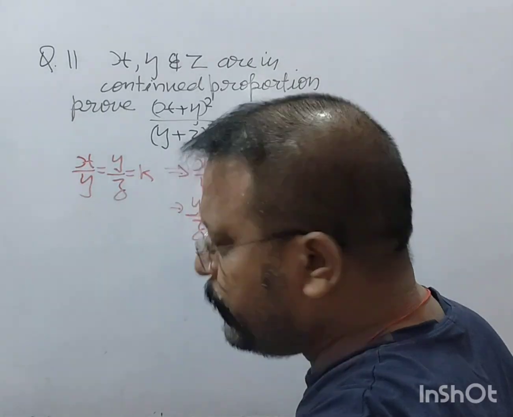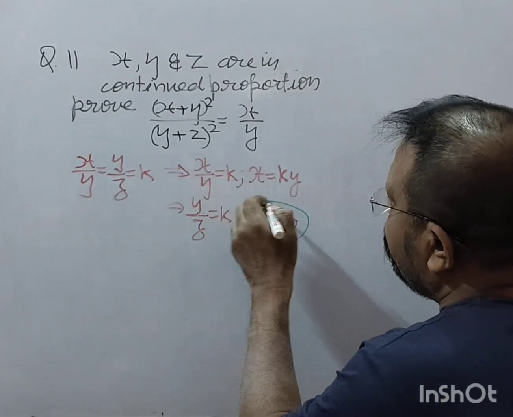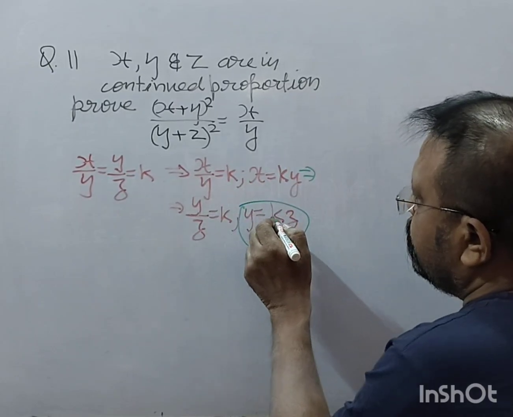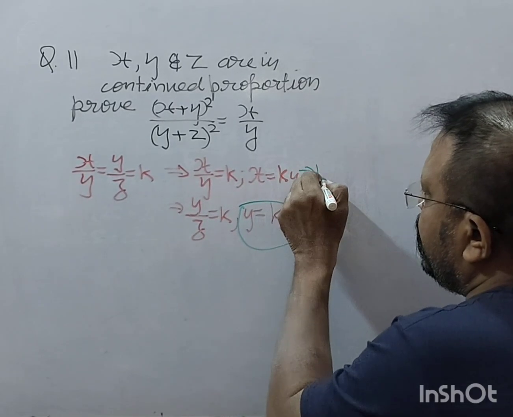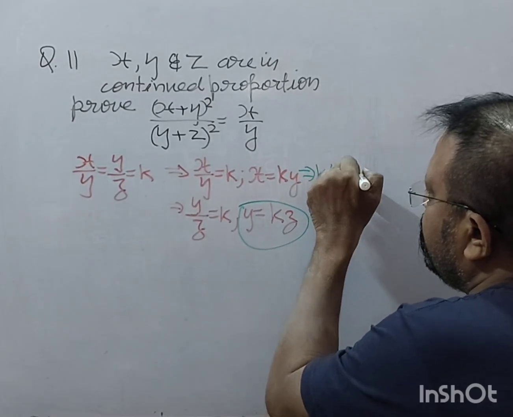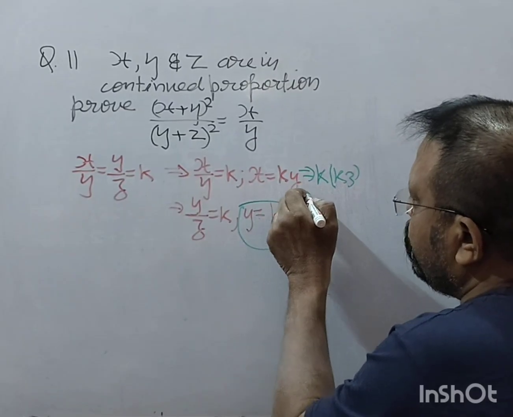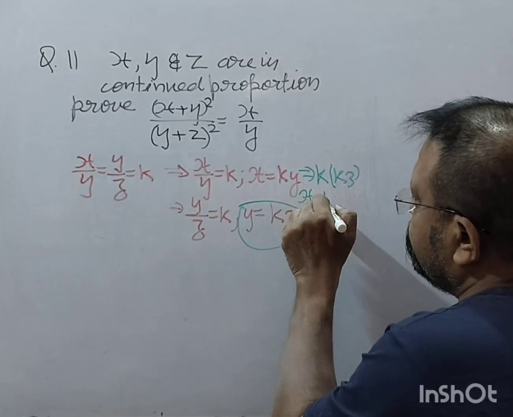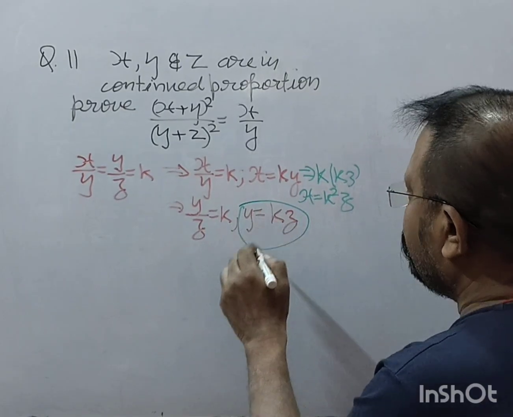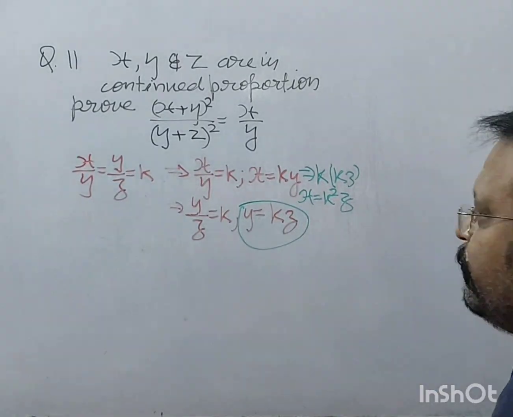When y is equal to kz, we put this value of y here, so x becomes k bracket kz, so x is equal to k square z, y is equal to kz, and z is equal to z. That is okay, right?